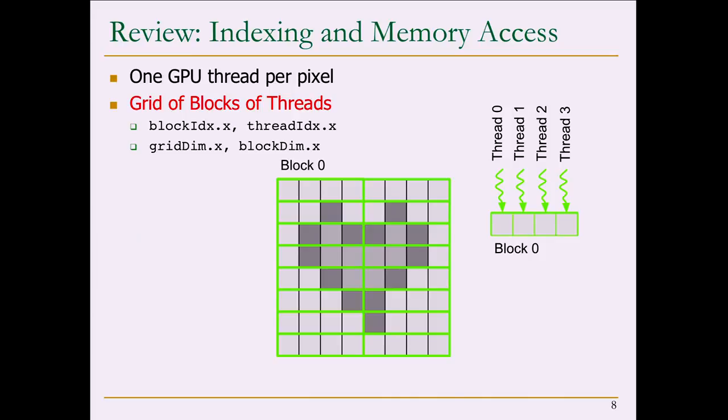In this example, we are matching one GPU thread with one pixel. This is not the only way to do that. It's also possible to assign more computation to each thread. That is usually called thread coarsening, and it's one possible way of optimizing our code, essentially because we can obtain more instruction-level parallelism from doing that.